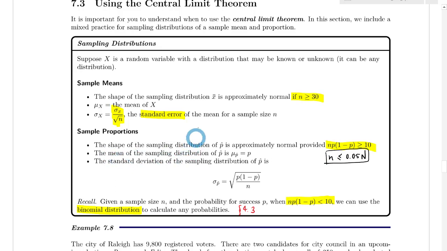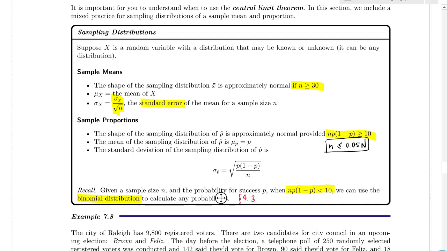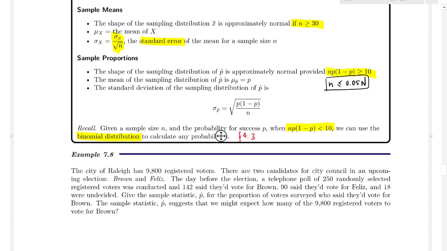Second thing is that the mean of the sampling distribution is the population proportion, and the standard deviation of the sample proportion distribution is the square root of this quotient. So there is a little bit of work to do, and what this section will do is put it all together and determine what scenario goes with what.